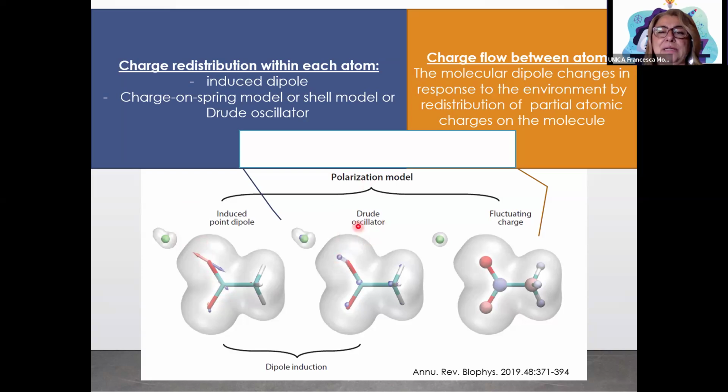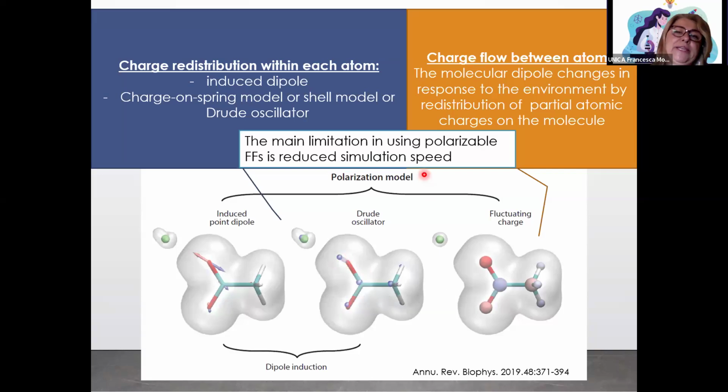And in another very commonly used polarizable model, the Drude oscillator, we have an additional charge bound with a spring to the center of the nucleus that can move in response to the other charges in the system.